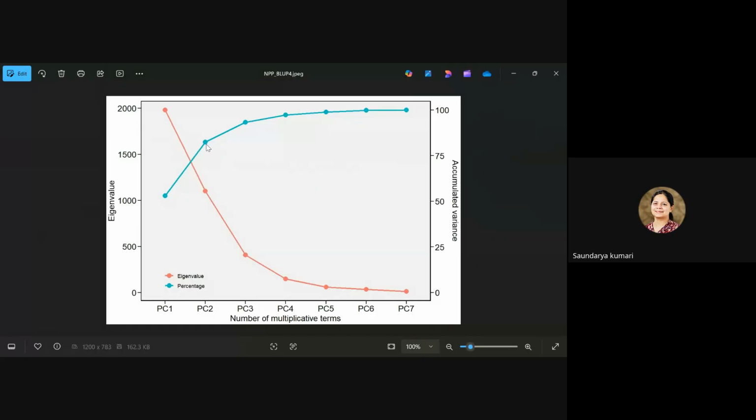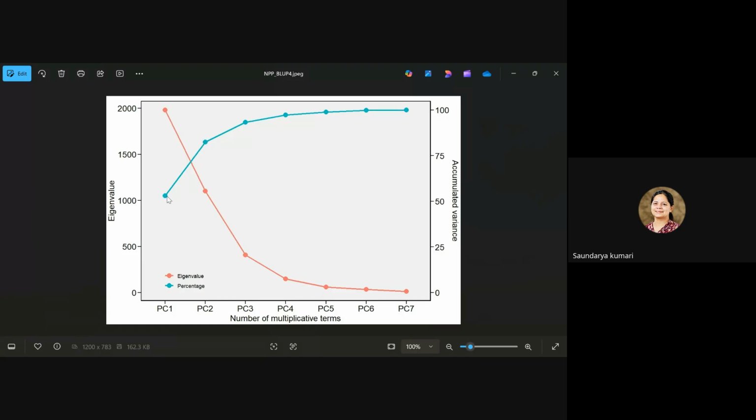What is the green line showing? The variance percentage. For PC1, this point is more than 50%. With the first two principal components, it is more than 75.